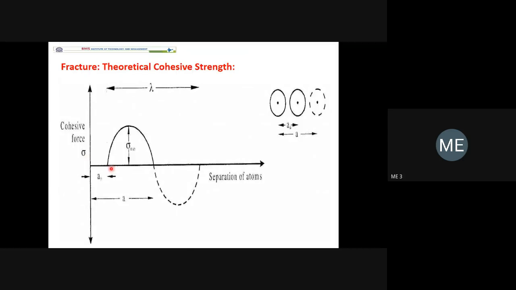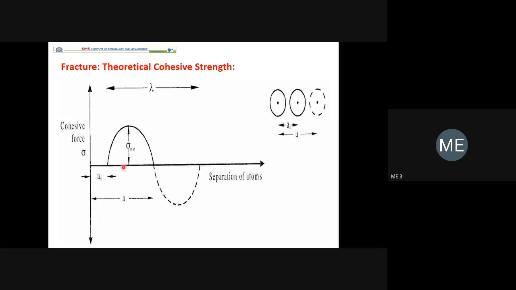This is a naught. From this point to this point, the total length of the sinusoidal curve is lambda. But what is the amount of energy spent to overcome these cohesive forces? Only the upper part of the curve. That means from a naught to this point, the total length is lambda, and this point is lambda by 2.